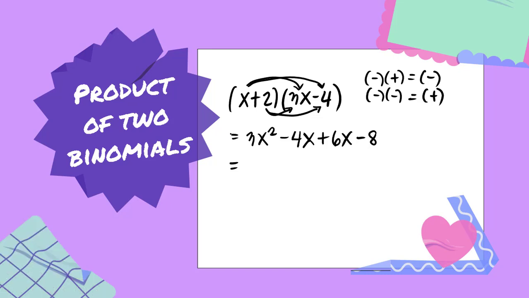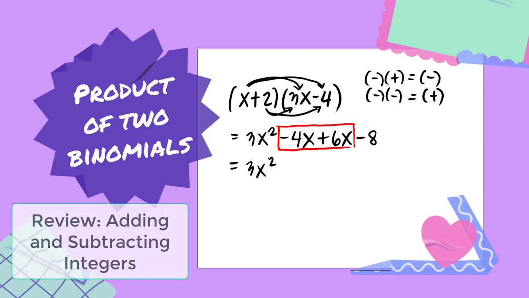In this case, what you can combine are the terms negative 4x plus 6x. In combining these, you have to recall your integers, on how to identify the sign of the answer when you add or subtract integers. First, take a look at the sign of the larger number.